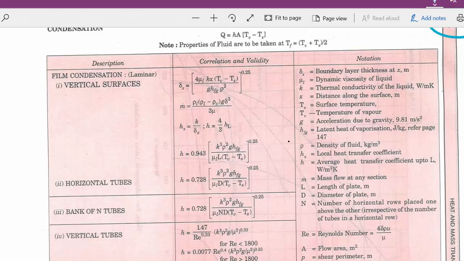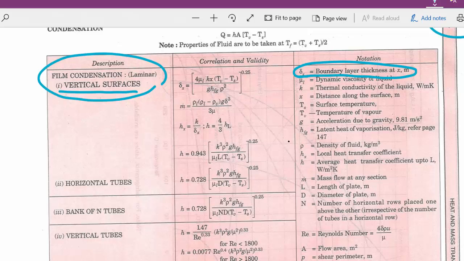In condensation, for film wise condensation, for vertical surfaces, for horizontal tubes, bank of tubes, vertical tubes, for all these things, the formulas are available here. In our problem, it is given that it is film wise condensation and vertical surfaces. For vertical surface, the value of boundary layer thickness, that is film thickness, delta x value you have to find out in the first division.